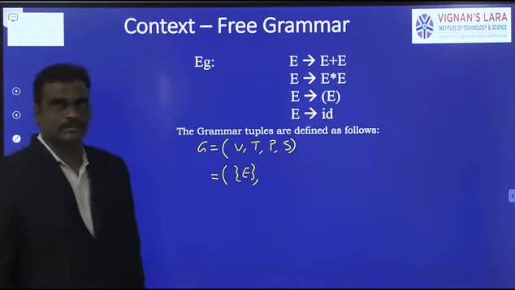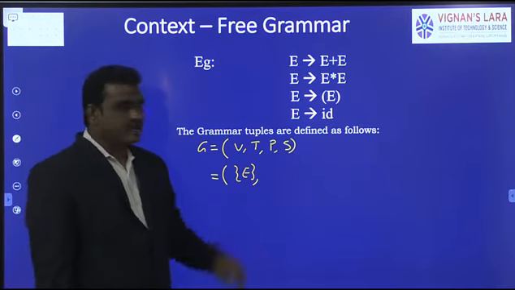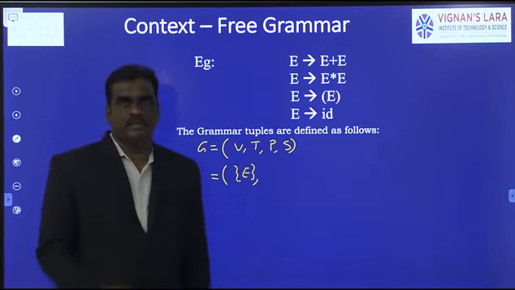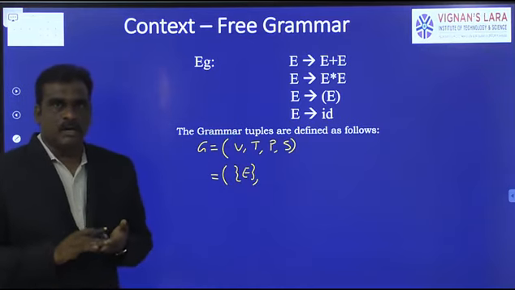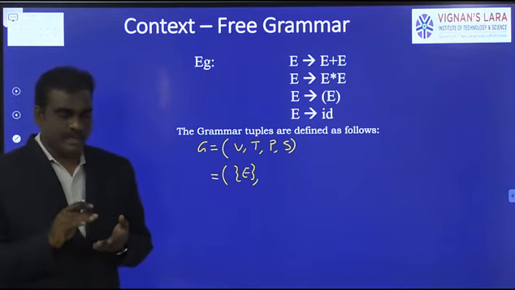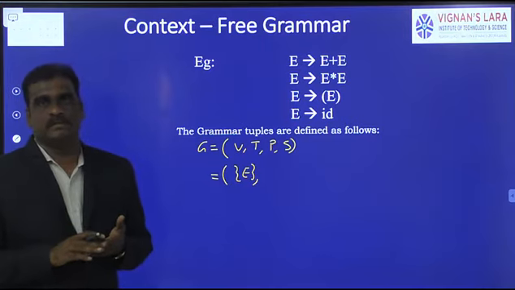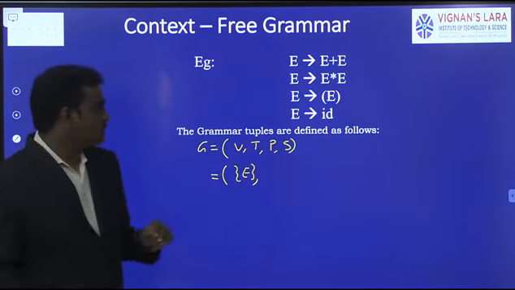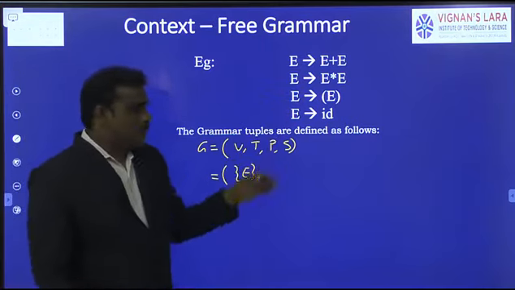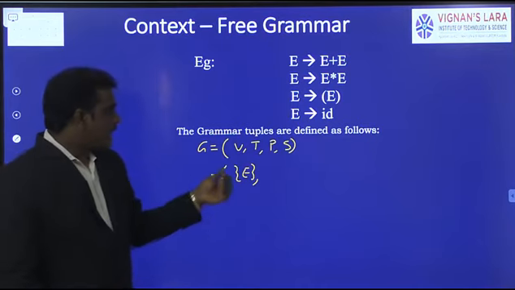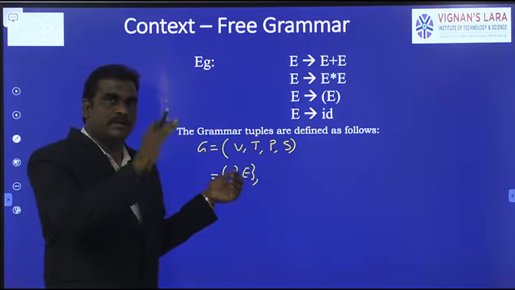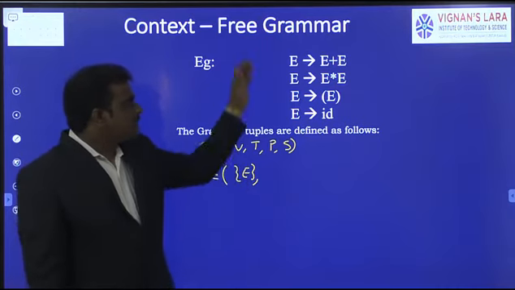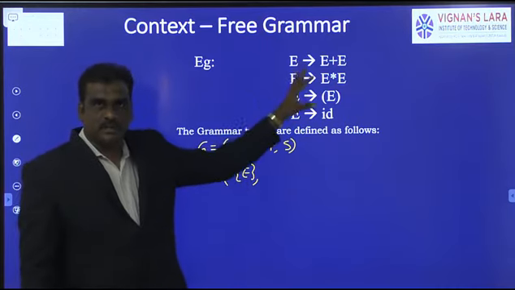This is variable. Next one, T means terminal symbols or terminals. Generally terminal means all lowercase letters, digits, special symbols come under terminals. And one more thing is, other than variables, remaining all are terminals only, because the grammar contains some set of productions.